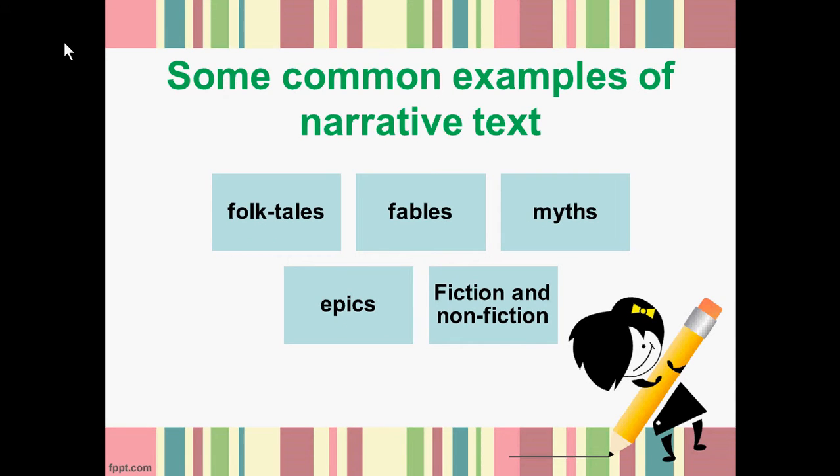Some common examples of narrative text are folk tales, fables, myths, epics, fiction, and non-fiction. The characteristics of narrative text are they are based on common and familiar events from life. Therefore, prediction becomes easier.